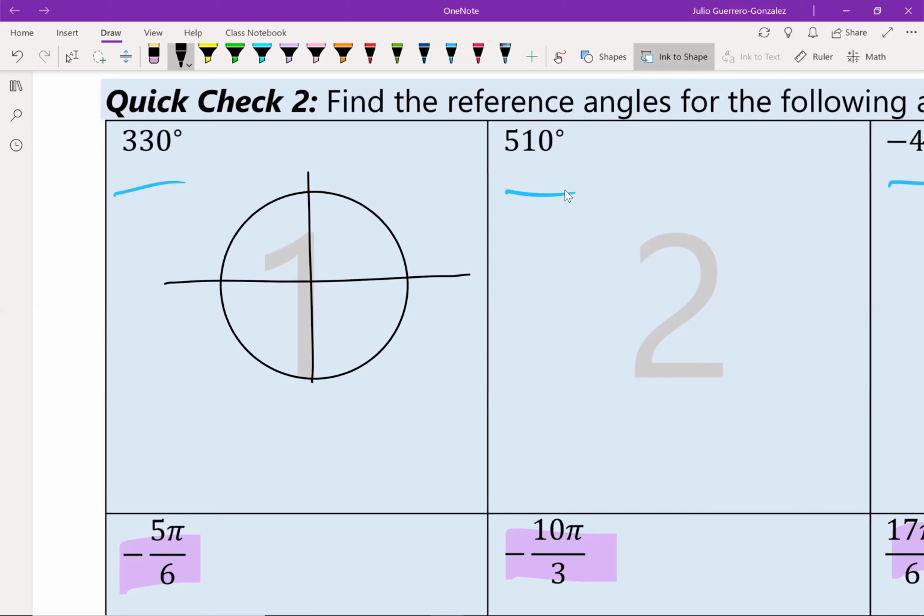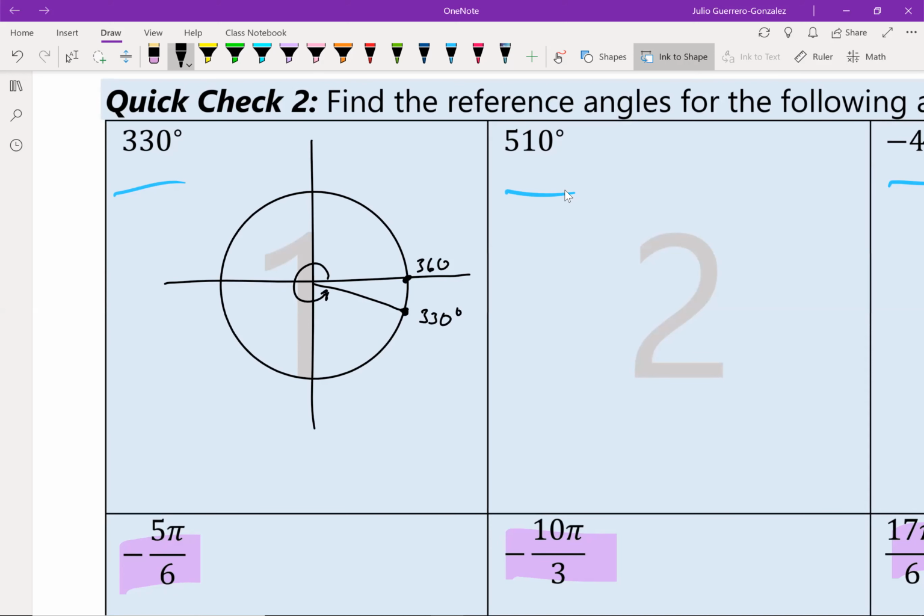Okay, 330 degrees. That is around here. Let me actually draw the thing out first. That is about right there, right? That's 330 degrees, because we know that right here is 360 degrees if we go all the way around.